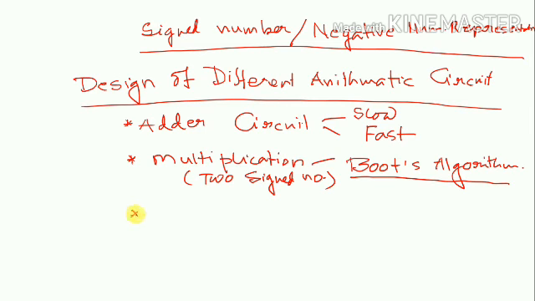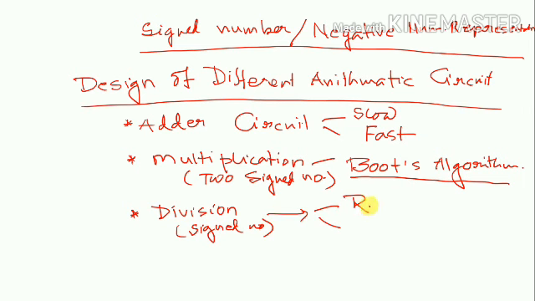Okay, so there is a division algorithm. Here also signed numbers. So you can divide signed numbers. There are two algorithms. One is called restoring and another is non-restoring.